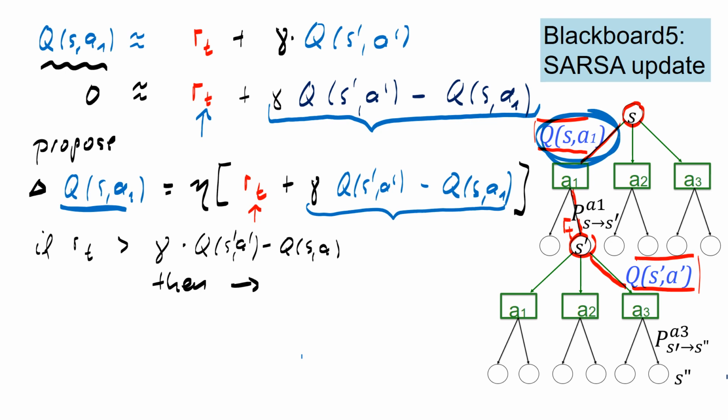So the difference between the Q value up here and the Q value down there should be explainable by the reward that we get. If the reward is bigger, that means the Q of S A1 was not big enough. I want to update it. So in that case, we get an increase of Q of S A1, and that's the way it should be. Intuitively, that should make our estimate better.